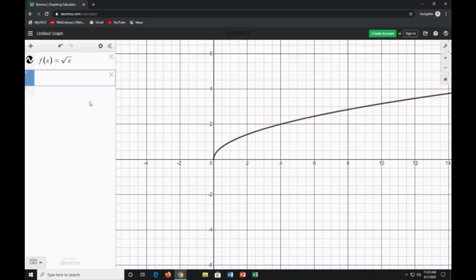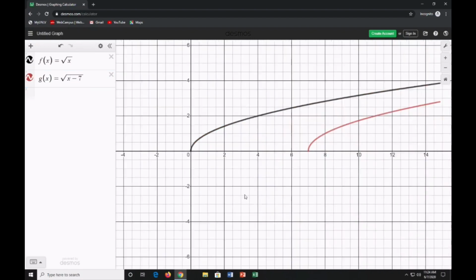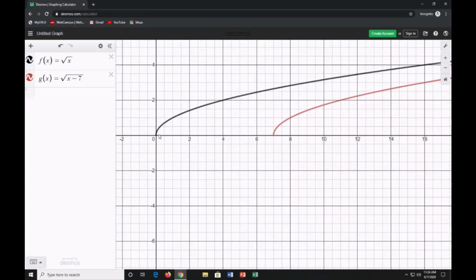We have to move that using this new function, which is g of x, which is equal to square root of x minus 7. Sorry, I was looking at another function. So we have 7 units. See, this vertex moved 7 units to the right, right?